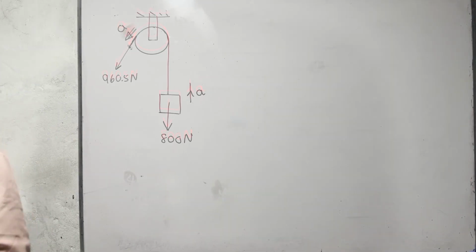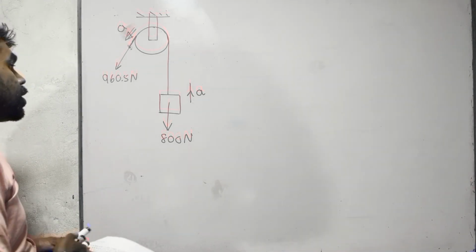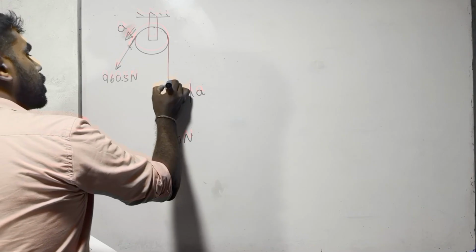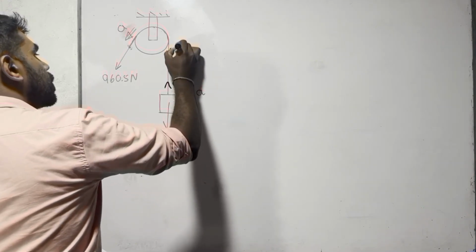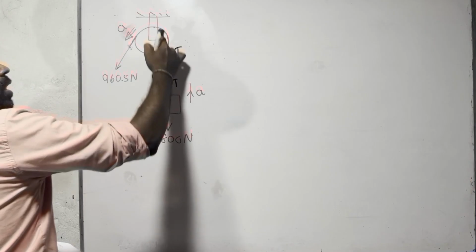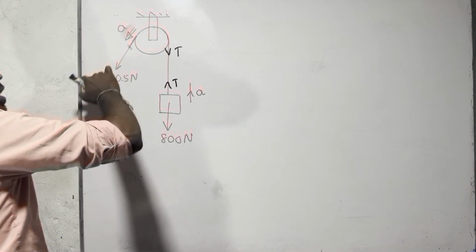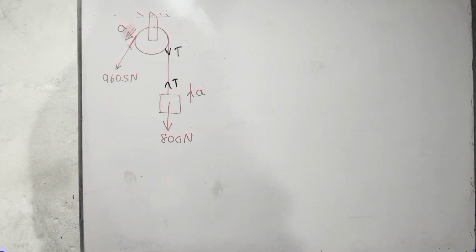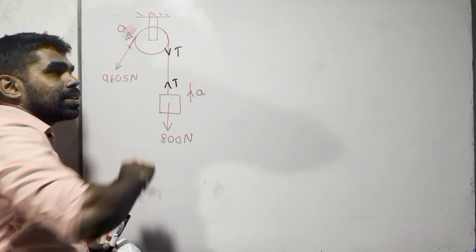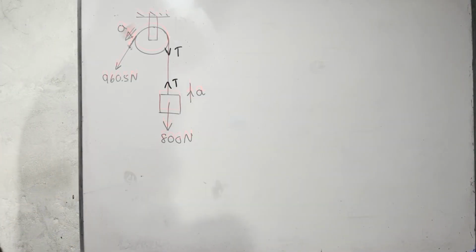Now I will mark the tension. When marking tension in the rope, we have to remember that the tension on this side is a different value than on this side. This side's tension is 960.5, but we can't take the tension as that value because the pulley is rotating. For a rotating pulley, there are two different tensions on both sides, especially when the pulley is accelerating.